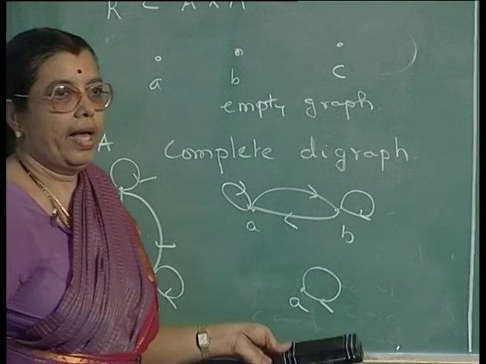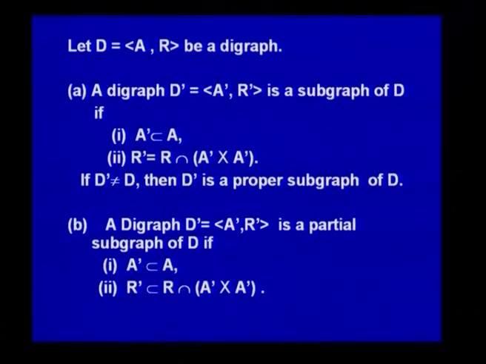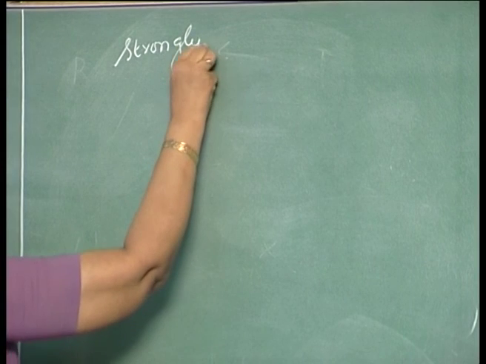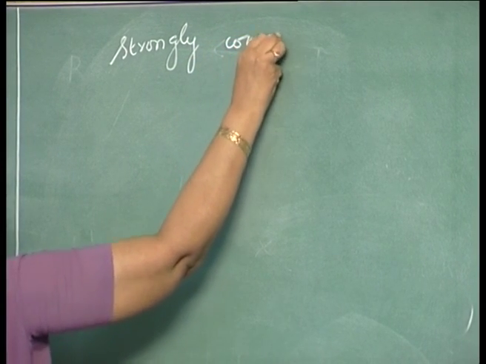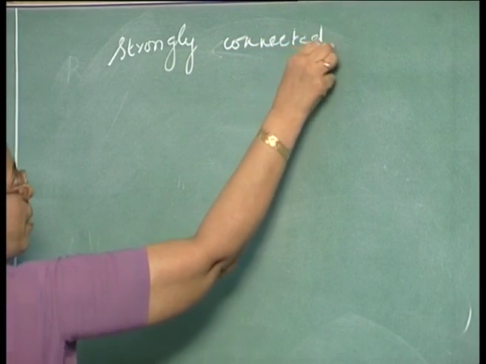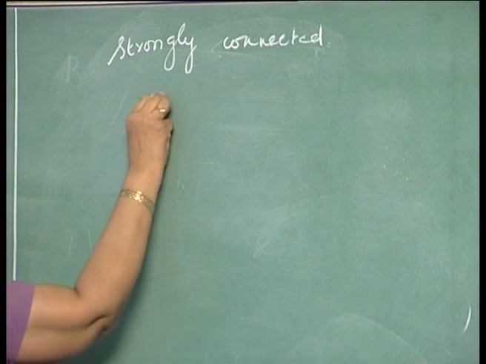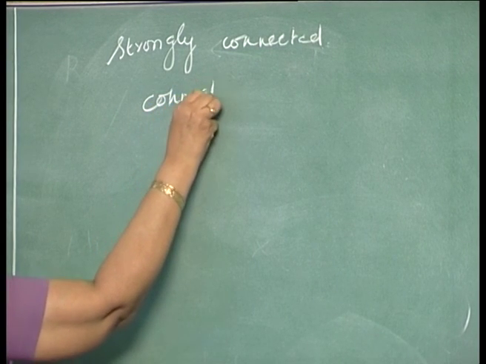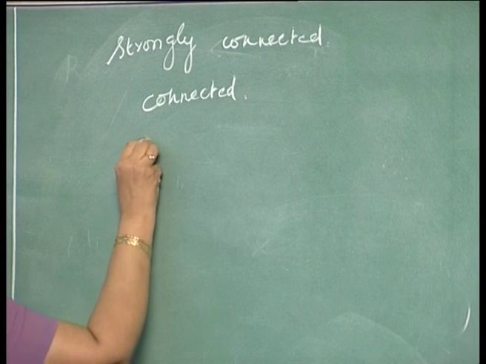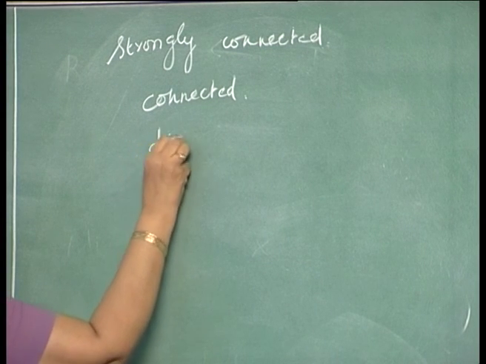When do you say a graph is strongly connected, and when do you say it is connected, and when do you say it is not connected? What do we mean by strongly connected graph? Connected graph and disconnected.